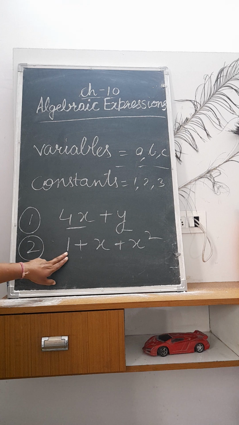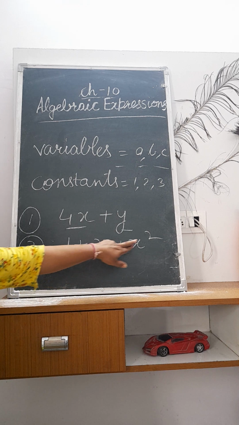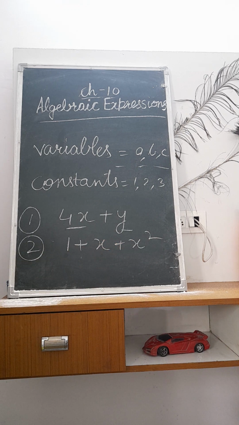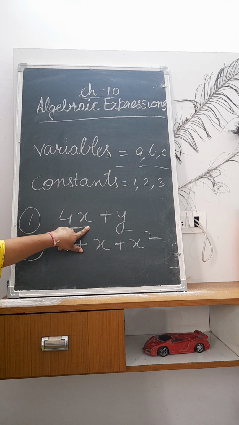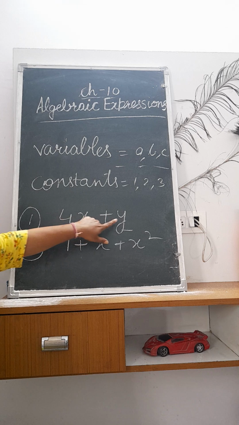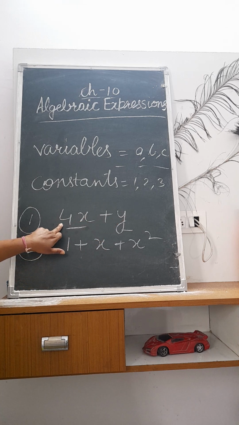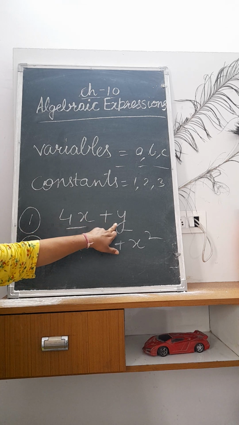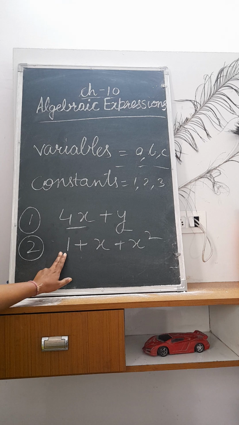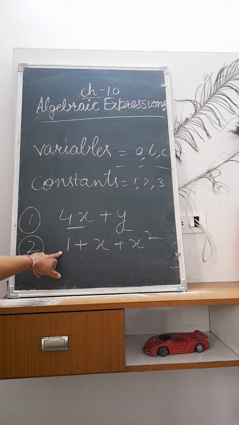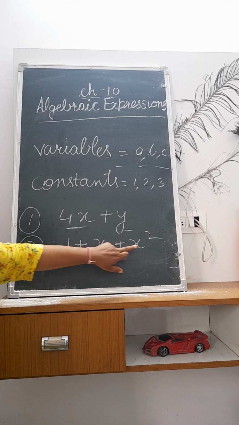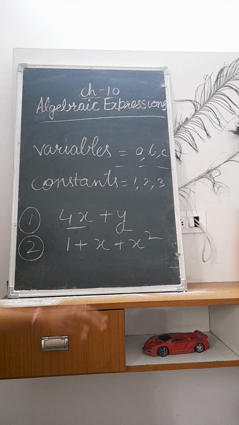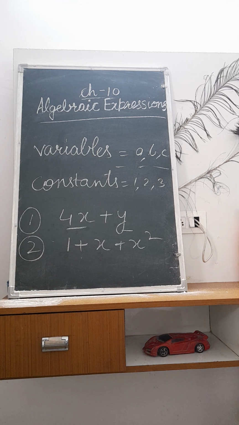The combination of a constant term and variables forms the algebraic expression. In the first expression we have two terms: the first term is 4x, the second term is y. In the second expression we have three terms: 1, x and x square. These are the terms. So let us do the exercise.